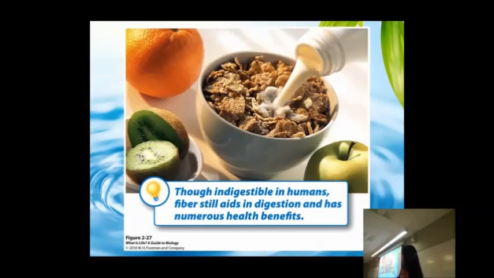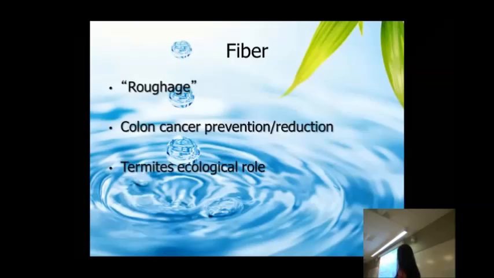Cellulose is very good for you, but you're obviously not going to eat wood. Some of you may feel like you're eating wood when you're eating these types of cereals. Fiber is also called roughage. I don't really know that it's called that much anymore, but I remember my parents calling it that. Like if you're sitting down to eat a big old salad, my dad would say, oh, you're eating a big bowl of roughage.